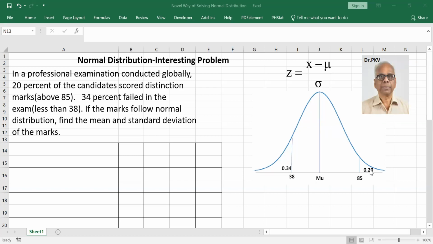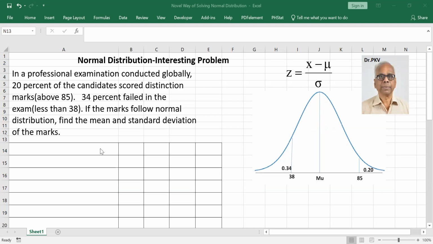The art of modeling is very important. First, let me read out the problem. Then I will take you all through a step-by-step approach of solving this, invoking the Solver optimization engine in Excel. It's a spreadsheet modeling approach. I'm sure you will gain something very substantial in terms of knowledge.